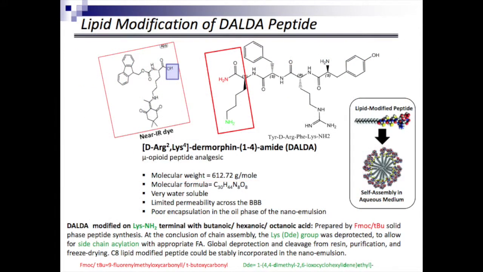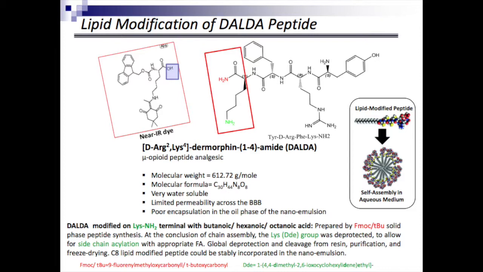The first thing we did was to take this DALDA peptide and modify it with lipids in order to enhance dissolution in the oil phase of the emulsion, because you need to get it into the oil before you can package it, and it's the oil that helps us ferry it across the blood-brain barrier. We looked at the chemical structure and saw there were two different nitrogens, one in the epsilon amino group of the lysine residue.